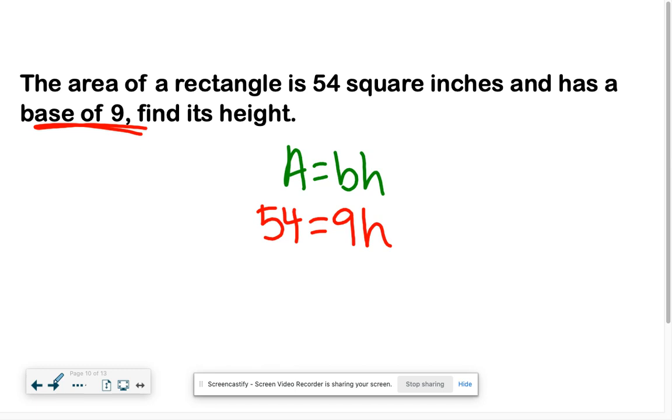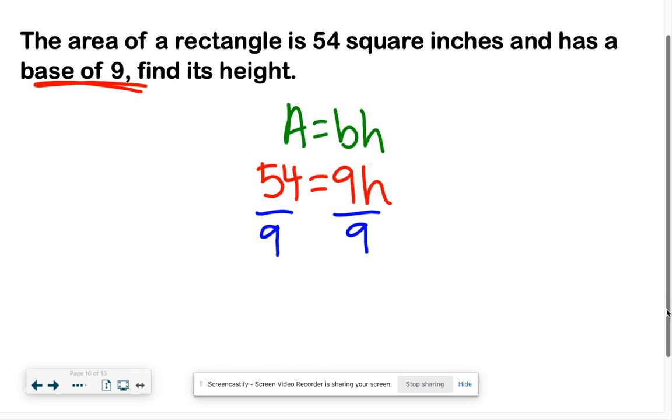That's it. 54 divided by 9 gives us 6. Bingo. So our height is 6 inches.